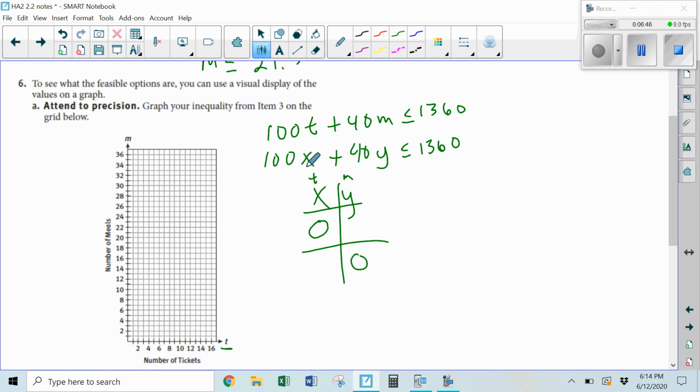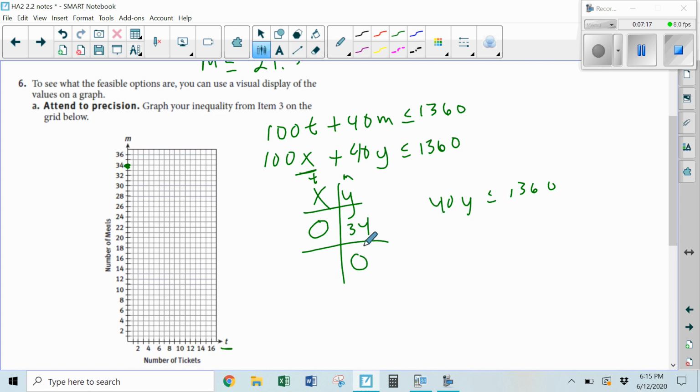If I plug in a 0 for x, what will y be? So if I plug in a 0, that's 100 times 0. So that's going to end up being 40y. So 1360 divided by 40 gets 34. I can plot the point 0 in the x direction, 34 in the y direction, or 0 tickets, 34 meals.